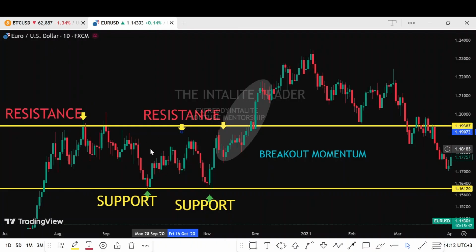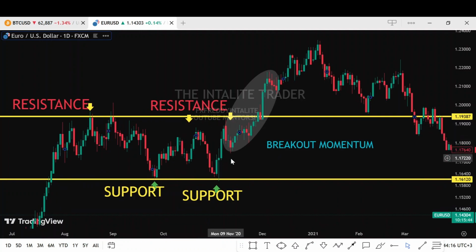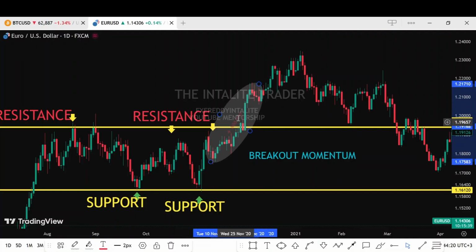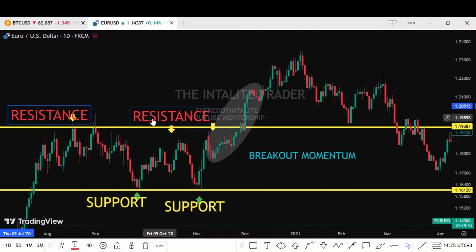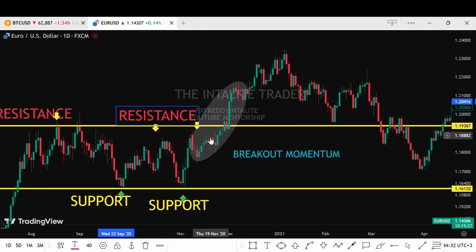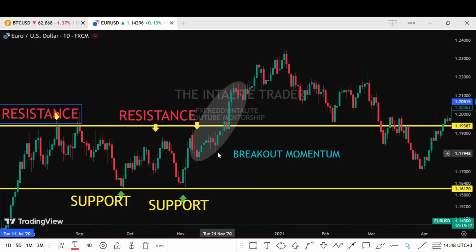Price got resisted in this level multiple times. And later on, you have a move that breaks above this previous resistance. When price breaks above a resistance level with a huge bullish momentum, we say this is a break of structure, or we say this is a heavy breakout momentum.